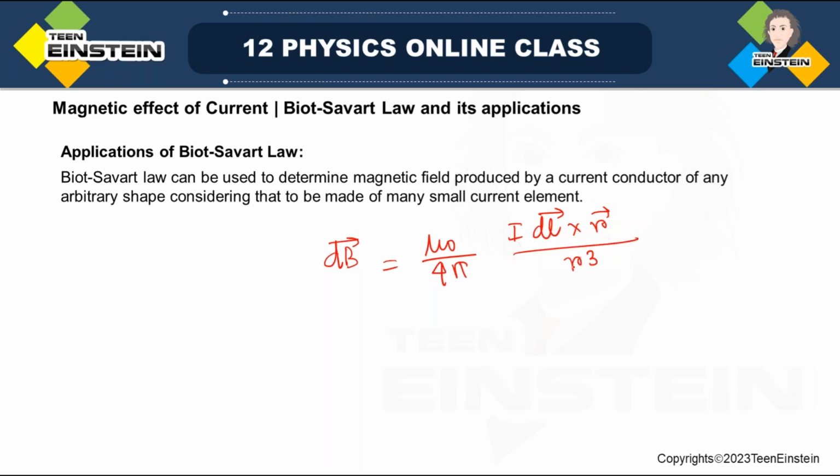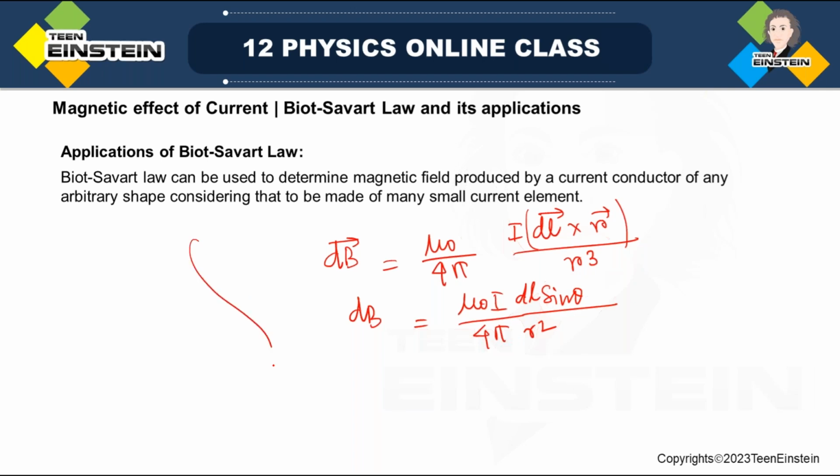So this is the vector form of Biot-Savart law. This cross product is a vector quantity, so the magnetic field is a vector quantity. And the scalar form of this equation will be dl sine theta divided by r square.